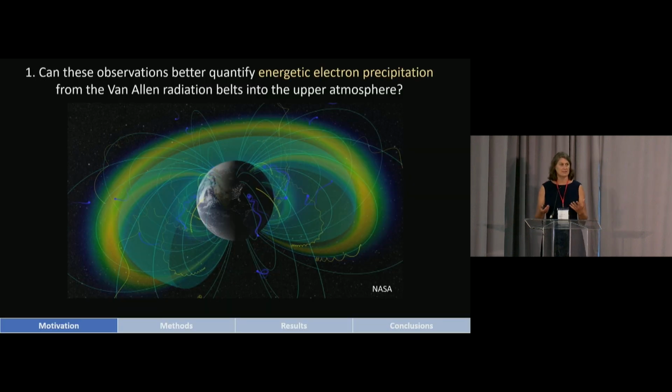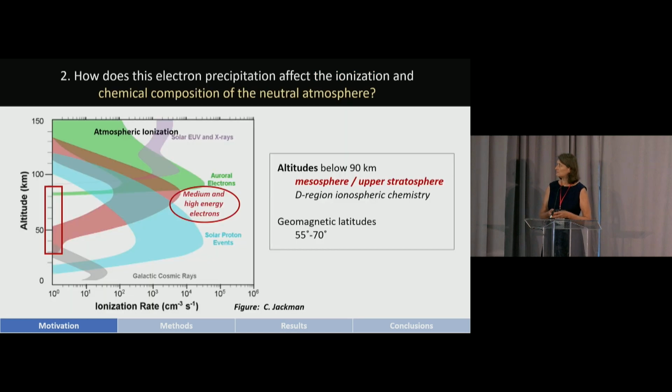So we were asking, can these new observations help us better quantify energetic electron precipitation into the atmosphere, primarily from the outer radiation belt, as well as to better understand the effects that this electron precipitation has on the ionization and composition of our atmosphere?